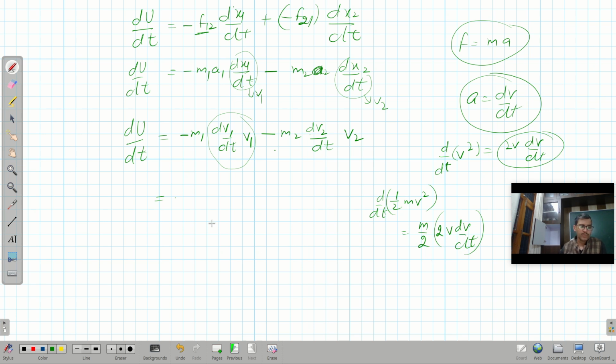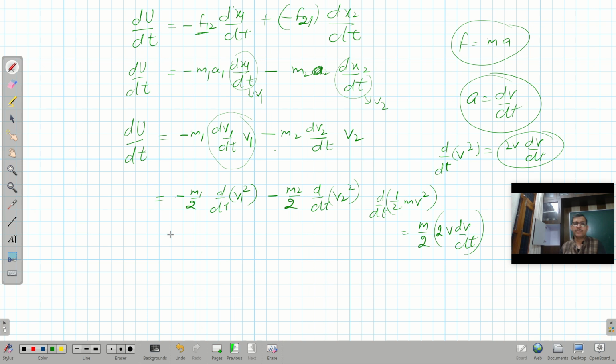So therefore, let me arrange it in this way. I am writing it as m1 by 2 and d upon dt of v1 square. Similarly, it can be written as m2 upon 2 and d upon dt of v2 square.